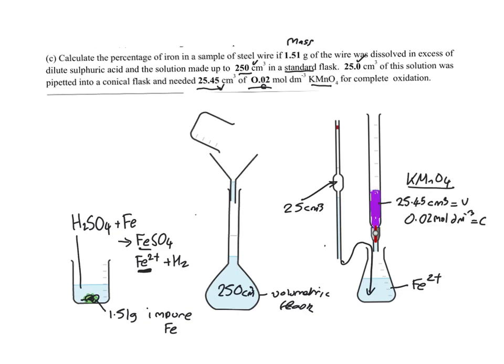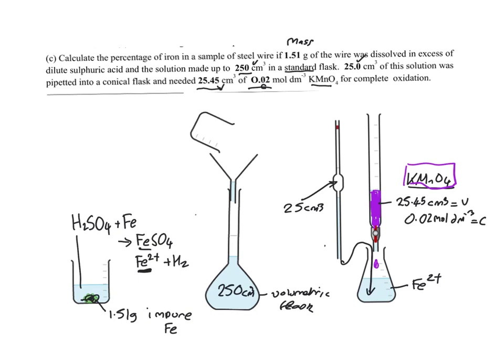So coming out of our burette is potassium manganate solution. Now potassium manganate solution is purple, and when it enters the flask, the Fe2 plus ions are so pale green they almost look colourless. So as soon as the manganate hits the flask, the Fe2 plus ions react with it and remove the colour.